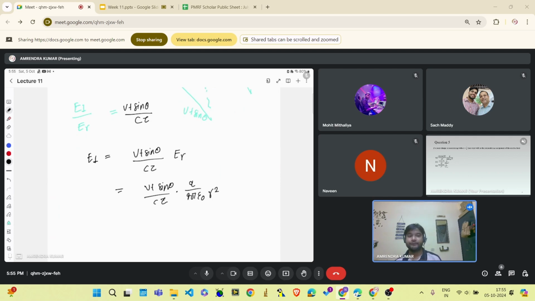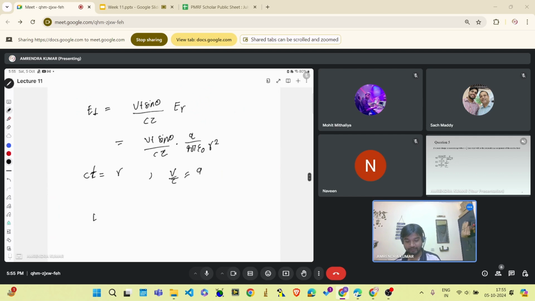Now we can simplify it, because we know that ct is r, and v over tau is acceleration. So you can write E perpendicular is acceleration into sin theta into q by epsilon naught, with c into c by t.